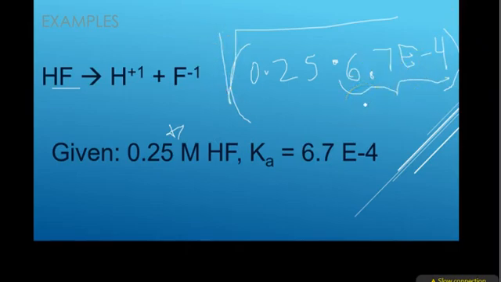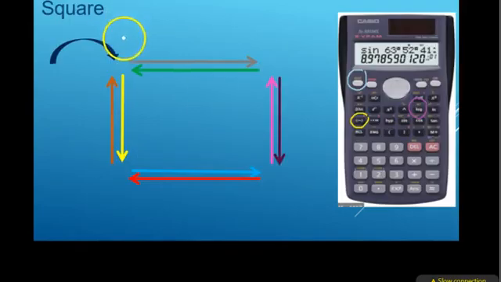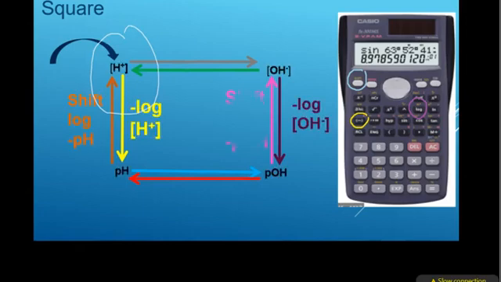So try that. Put your numbers in your calculator. 0.25 times 6.7 E negative 4. Remember, that's not a minus 4. You get that number, then you take the square root of your answer. That's where you jump into the square. The number that you're getting now that you jump into the square is the number in your calculator window.